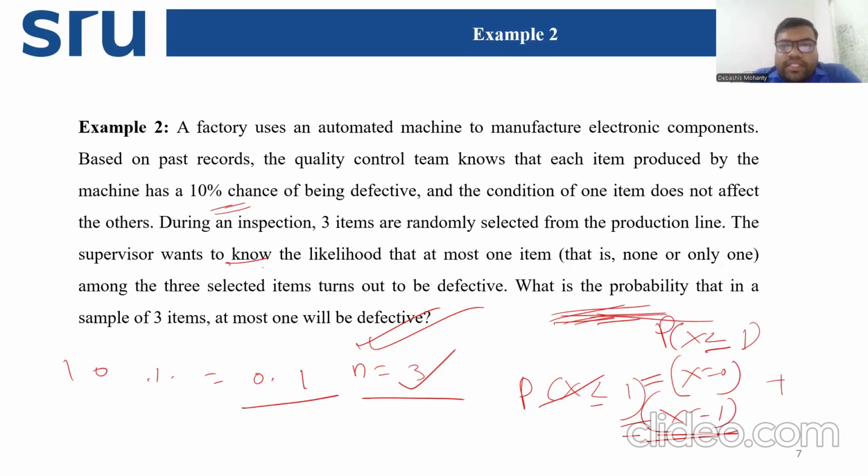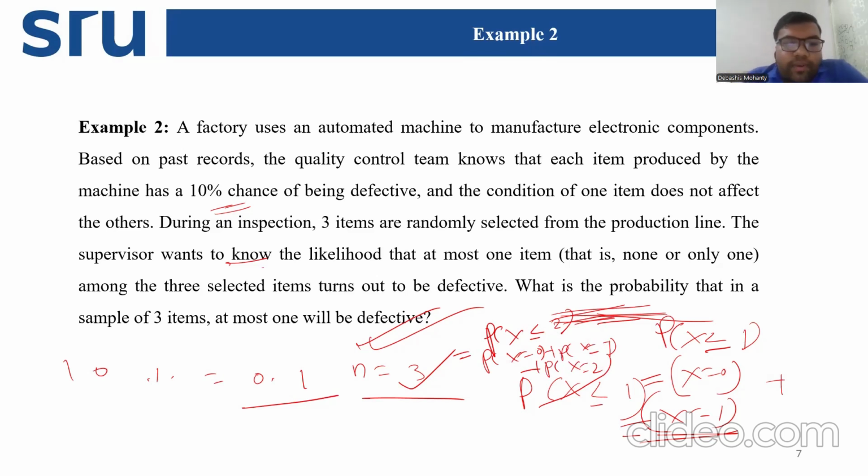So now we can understand how the binomial distribution can be used to calculate the probability of success and failure, two outcomes. Okay. So if the question mentions at most 3 or at most 2, we can apply the same approach. We can find the probability of x less than or equal to 2 by applying the probability of x equals 0 plus the probability of x equals 1 plus the probability of x equals 2. A similar method, a similar procedure will apply.